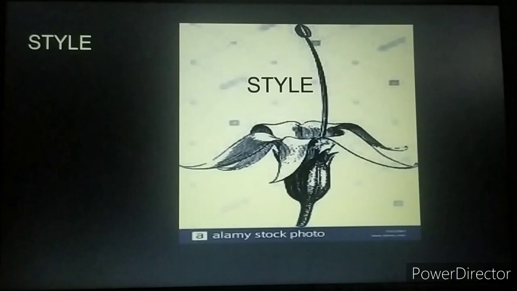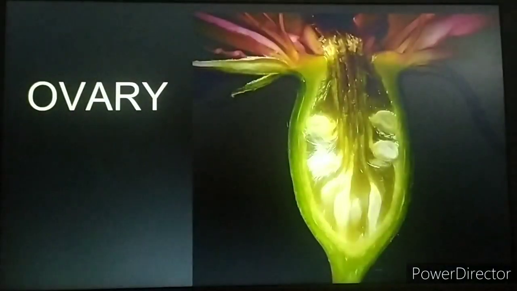It connects the stigma with the ovary, that is the basal part of the gynoecium. This is the basal part of the gynoecium. It is swollen and it is called the ovary.